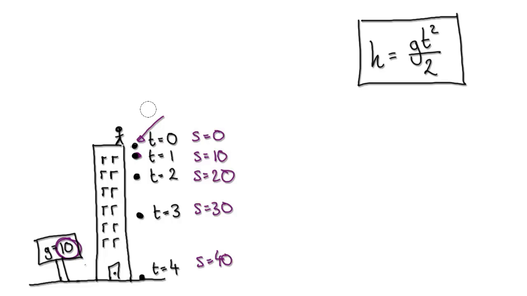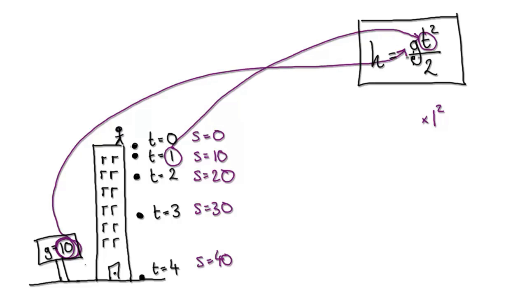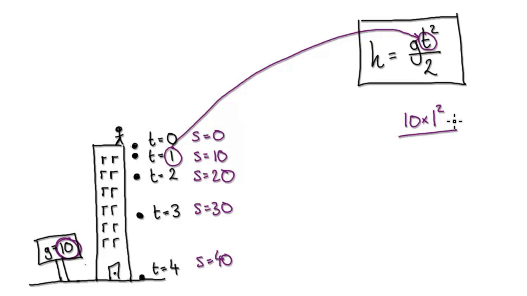And then if we want to work out the distance traveled, we would use this formula here. So when time equals 1, the cannonball would be here. This distance here would be you putting the 1 into this t here. So it would be 1 squared, and then gravity, this g here, put 10 into the gravity. So that would be times 10, and then you divide it by 2.